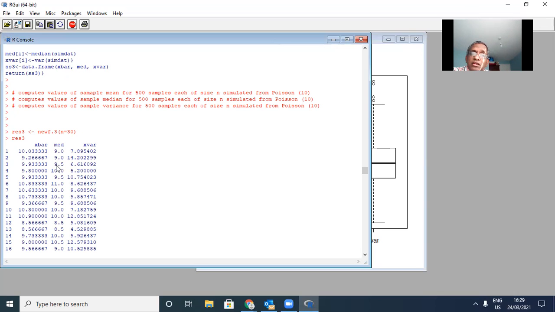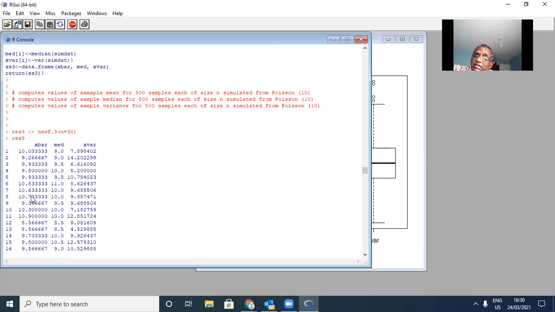That's why you get half values like 9.5, 10, 9.5, 11, 10, 10, and so on. So the middle column looks weird because of the way the sample median is defined. By definition, the sample median has to be equal to one of the data points, whereas the sample mean can be anything.